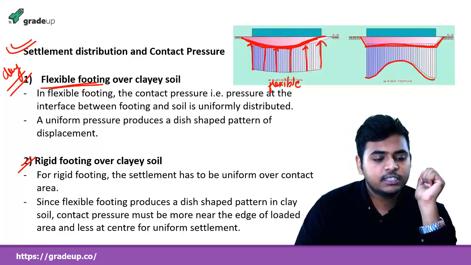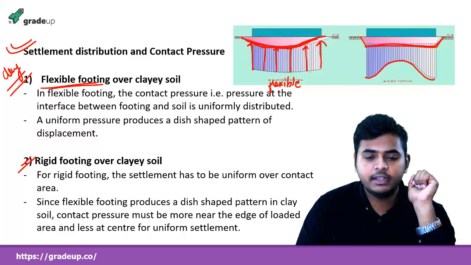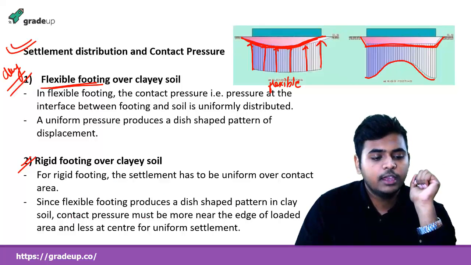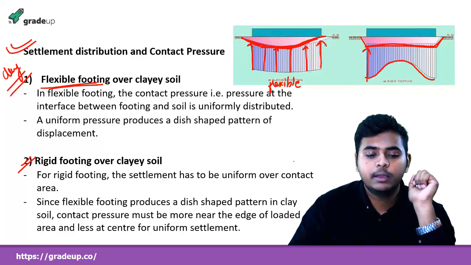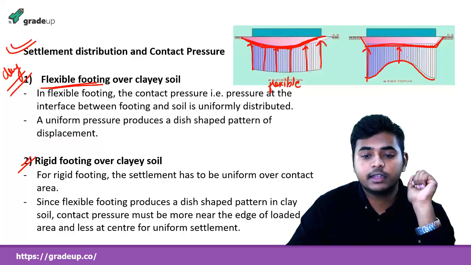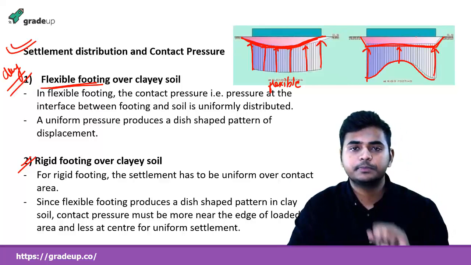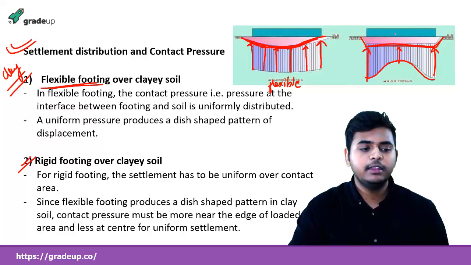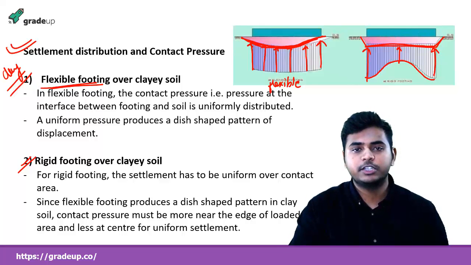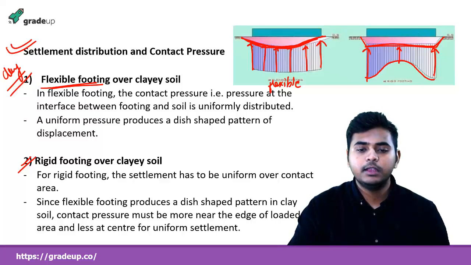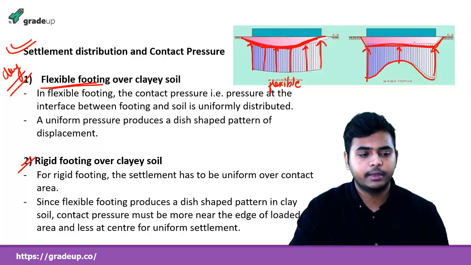Since flexible footing produces a dish shaped pattern in clay soil, contact pressure must be more near the edge. So contact pressure here will be more, but less at the center, to balance it. Just remember this. First you have to keep this in mind: in flexible footing, the contact pressure is uniformly distributed, and in case of rigid footing, the settlement is uniform over all the contact area.